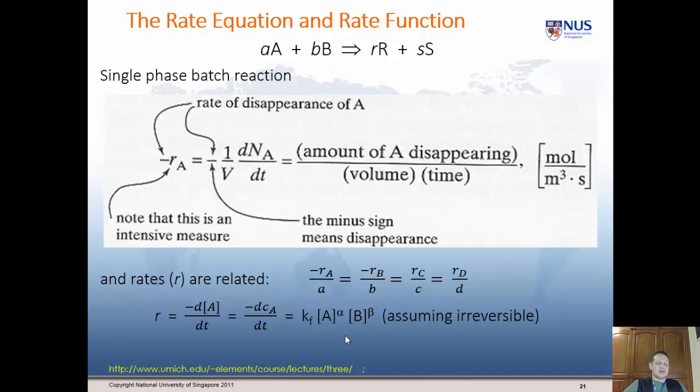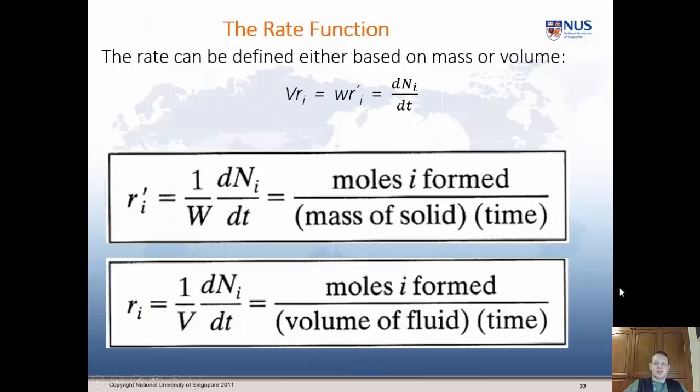And that's how I think we would normally think of it. I want to be sure that you are happy about what the rate function is, and the relationship between the rate functions. We can either do it in terms of mass, and mass here is W, weight, simply because if we use M, it's going to get confused with something else.